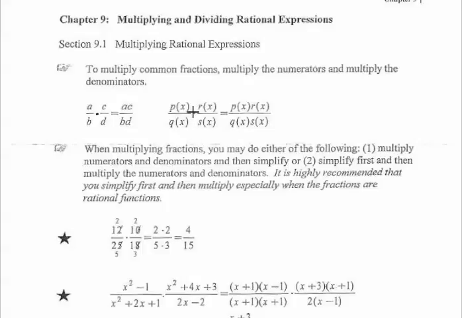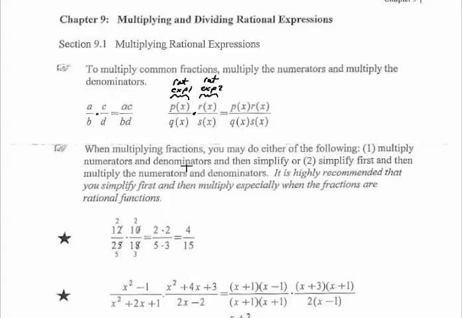So if we have a rational expression 1, and then here we have another rational expression 2 with multiplication in the middle, we pretty much do the same thing we did with the numbers.